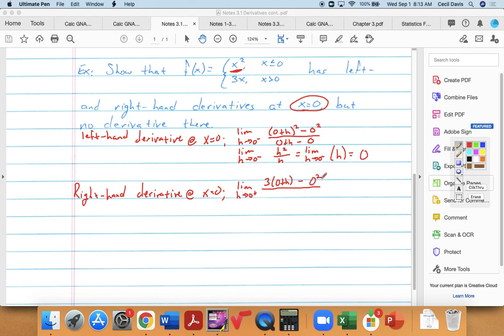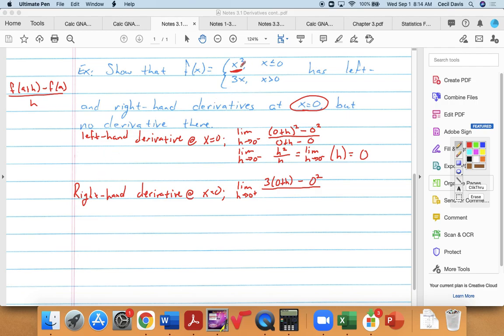And this is a mistake that a lot of people make. In this particular one, it doesn't change your answer at all. But on some of them, it will greatly change your answer. So remember that it's f of a plus h minus f at a over h.